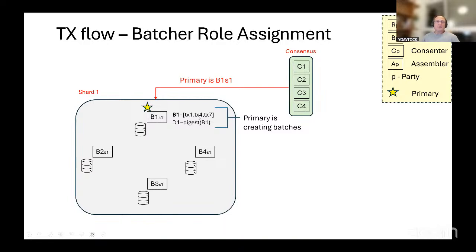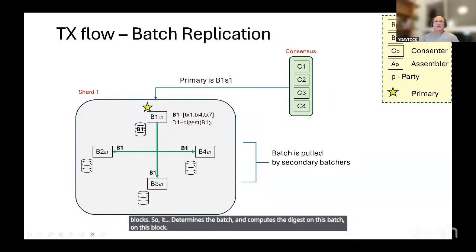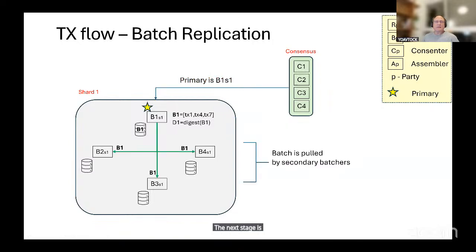The primary batcher in the shard is in charge of creating batches, which later will turn into Hyperledger Fabric blocks. So it determines the batch and computes the digest on this batch, on this block. The next stage is to disseminate the block inside the shard to the secondary batchers.